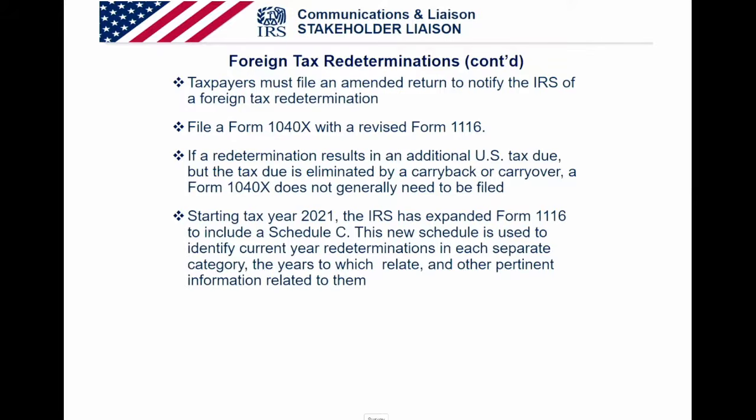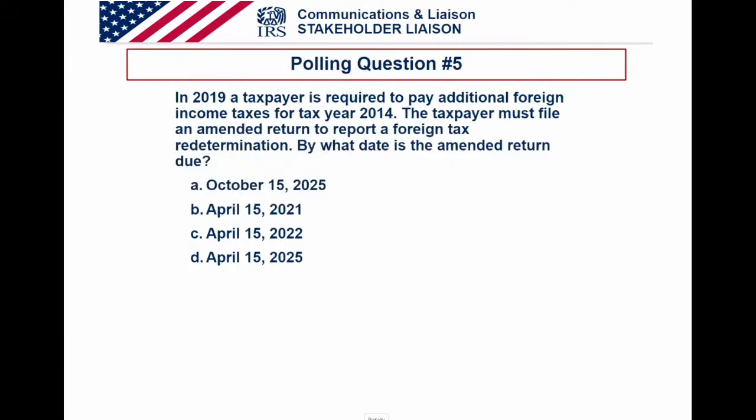So let's take a pause now for our fifth polling question. Sure thing, Marianne. So audience, here is our fifth polling question. In 2019, a taxpayer is required to pay additional foreign income taxes for tax year 2014. The taxpayer must file an amended return to report a foreign tax redetermination. By what date is the amended return due? Answer A for October 15, 2025.